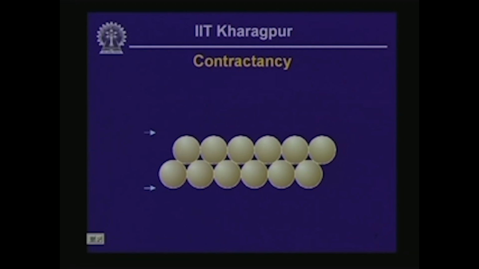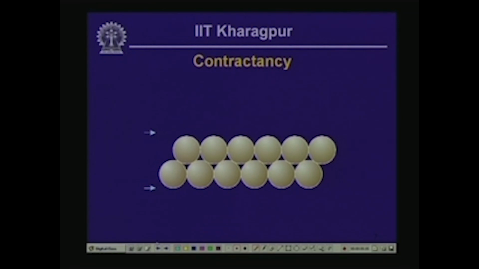And that is indicated when you compare the top level of these spheres with the original elevation of the top indicated by the arrow at the top of this particular screen.